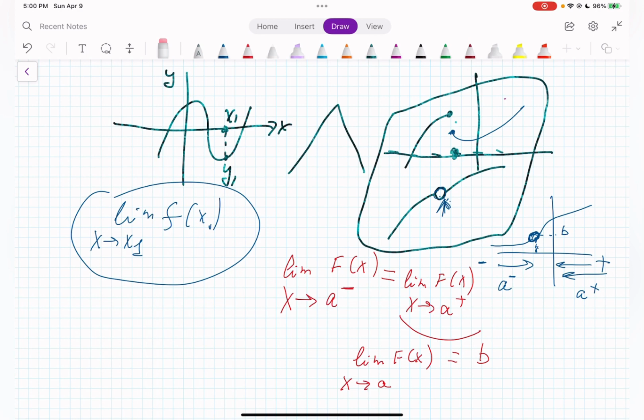So to get the full value of the limit, the limits from both sides have to be equal. It's crucially important. If they are not equal, then we don't have a limit.